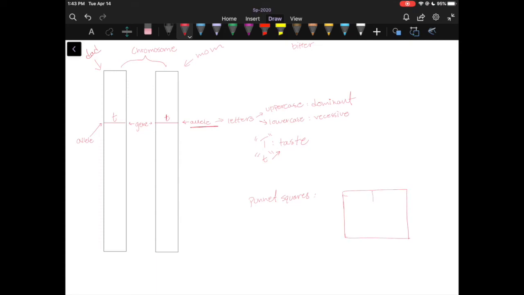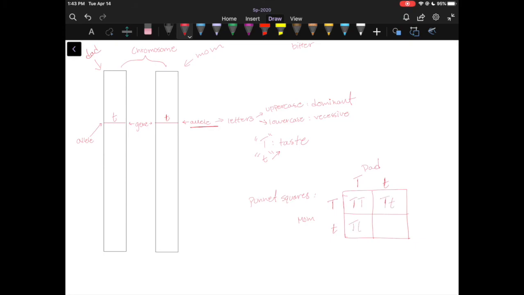So let's say we have our Punnett square right here, and your dad has a capital T and a lowercase t allele for the PTC receptor, and your mom also has a capital T and a lowercase t. So your dad and your mom are both going to be able to taste the PTC.